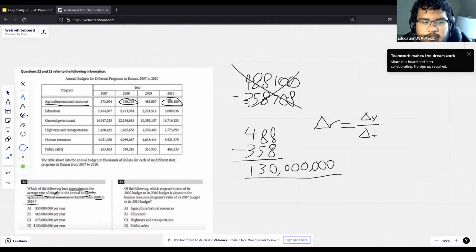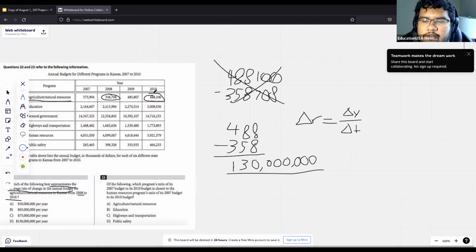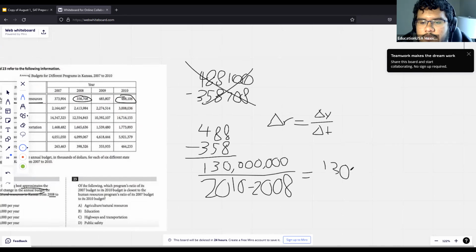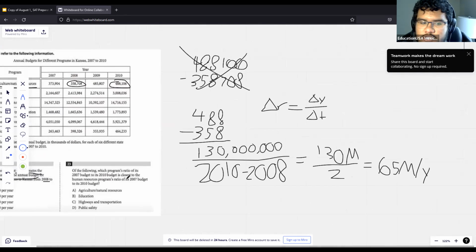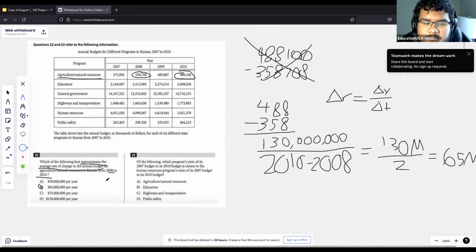Because it's asking for average rate of change, and the only measure of time we have is the years. So 2010 minus 2008 leaves us with 130 million divided by 2 years. That gives us a total of 65 million per year. That's the rate of change here, and that's why the answer is B.